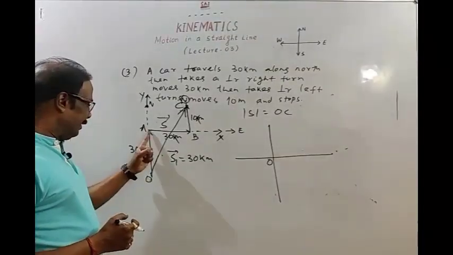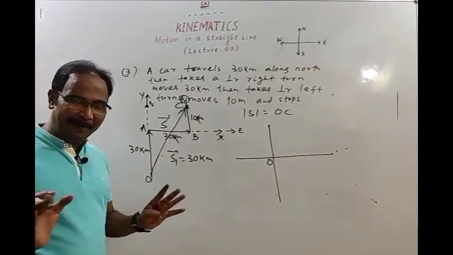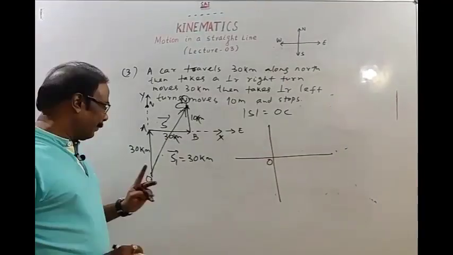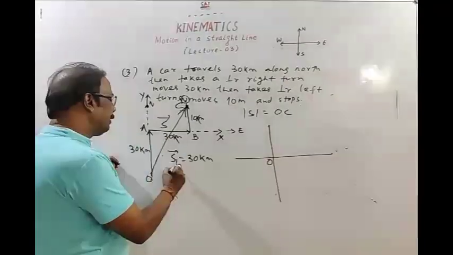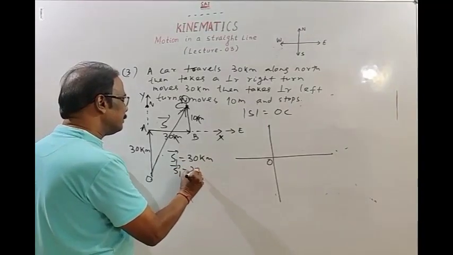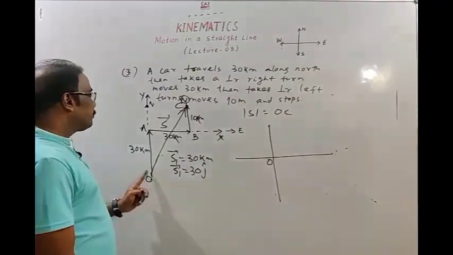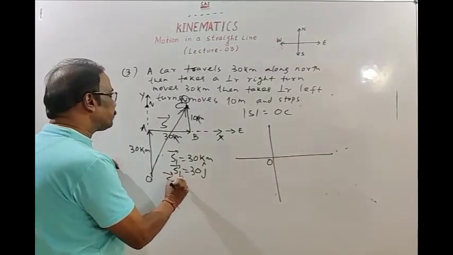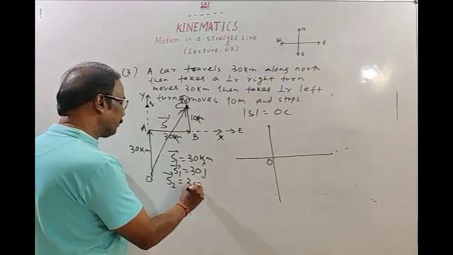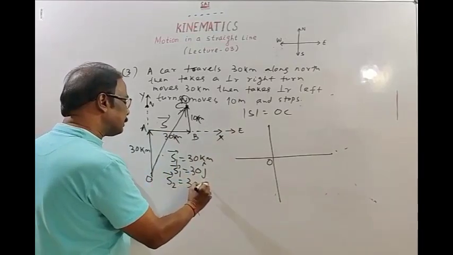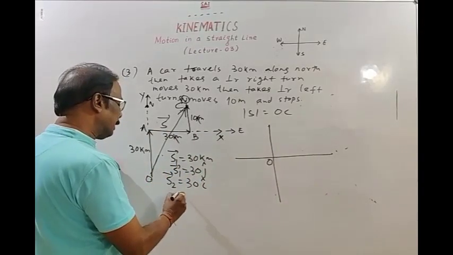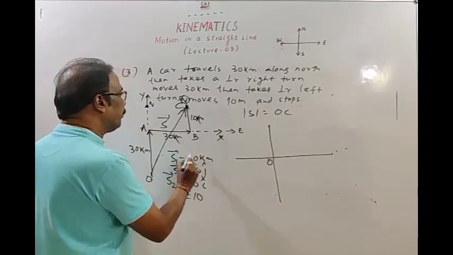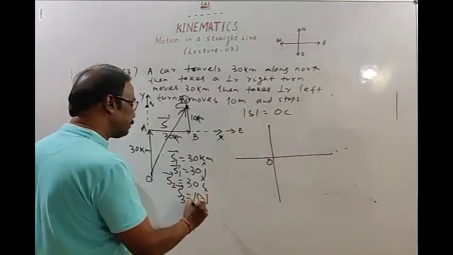For me, displacement is 30 kilometers with relation to ground or earth. Okay. S1 is 30 kilometers. Then the S1 vector is 30, direction is j cap along the y-axis. Then displacement S2 is again 30 kilometers. Direction is along the x-axis, so the unit vector is i cap. Finally displacement S3 is 10 kilometers along the y-axis, again j cap.